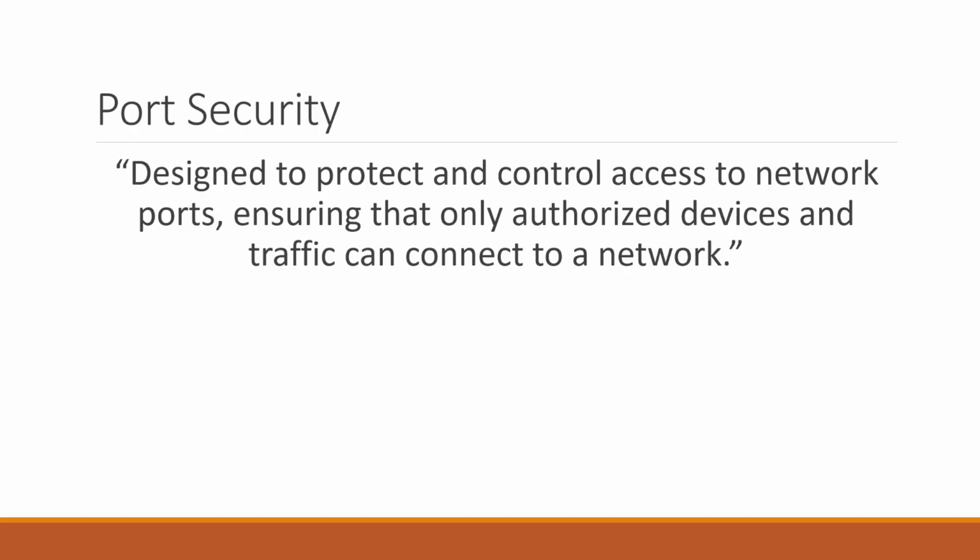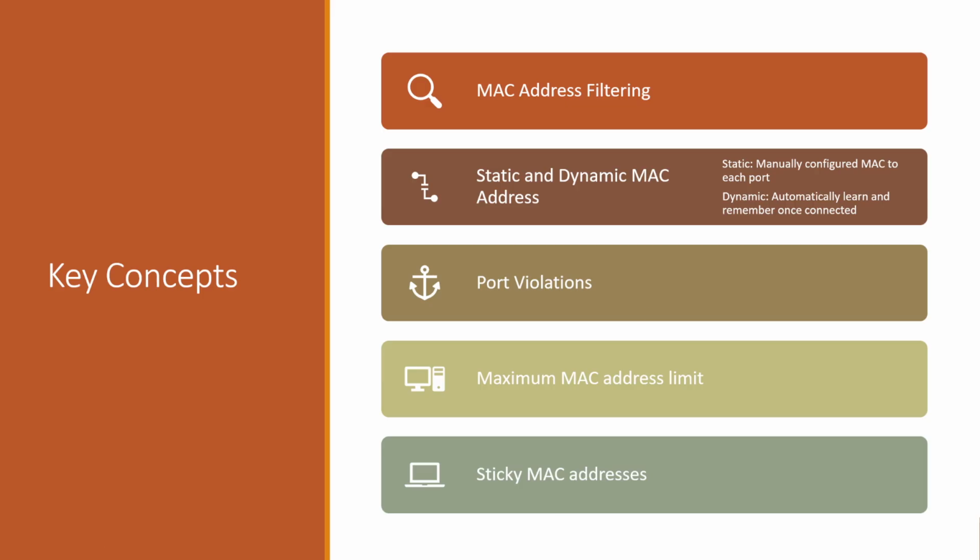Next, we'll talk about port security. Port security refers to the set of measures designed to protect and control access to network ports, ensuring that only authorized devices and traffic can connect to a network. There are a few different ways of doing this. The first way would be MAC address filtering.